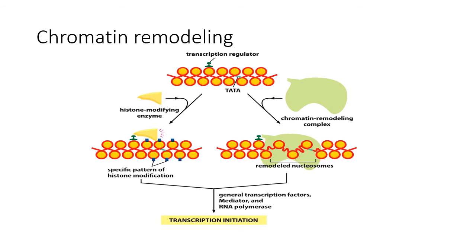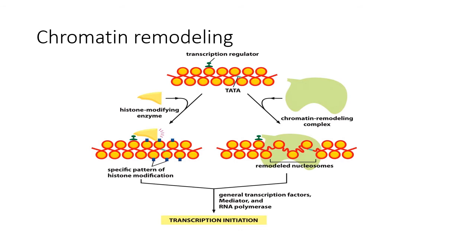And finally, we have chromatin remodeling, which goes hand in hand with our histone modifications. There are different pathways by which a gene or genetic region can be activated. There's no simple linear process whereby this occurs. In one important way, there are ATP-dependent chromatin remodeling complexes, which act directly on the nucleosomes.